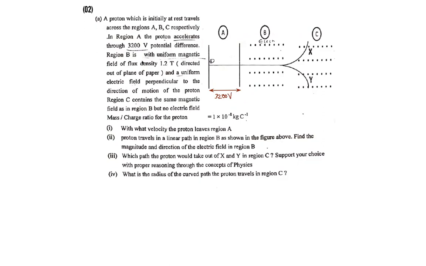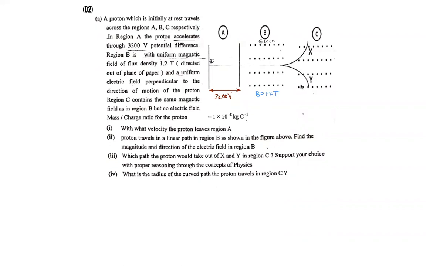Region B, with uniform magnetic flux of density 1.2 Tesla directed out of the plane. You can see that. So in region B, we have a magnetic flux of 1.2 Tesla. And a uniform electric field perpendicular to the direction of motion of the proton.